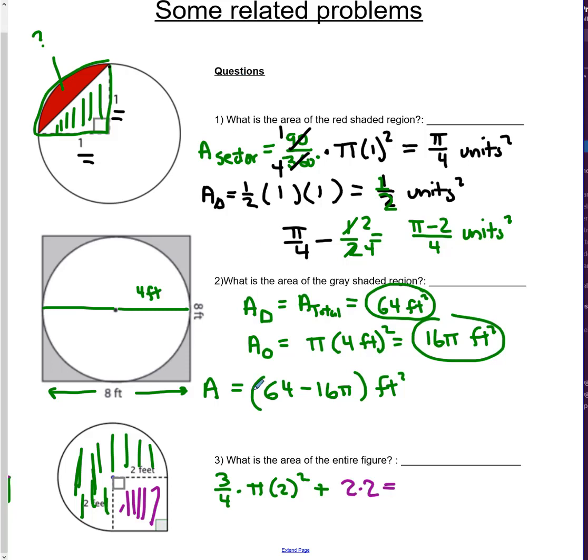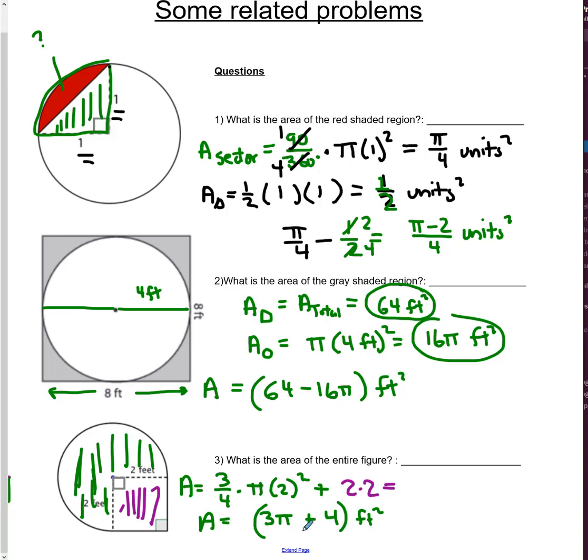Okay, so this ends up being 3 pi, because this is 4, and 4 times 3/4 is 3. Okay, plus 4. And believe it or not, that's the answer, because you can't mix the pi term and the non-pi term. And so we would say feet squared. And I really should have said area equals here, but I didn't. Now I did.